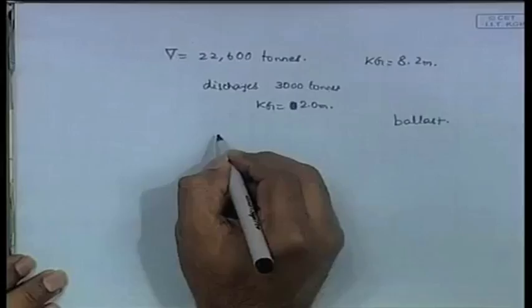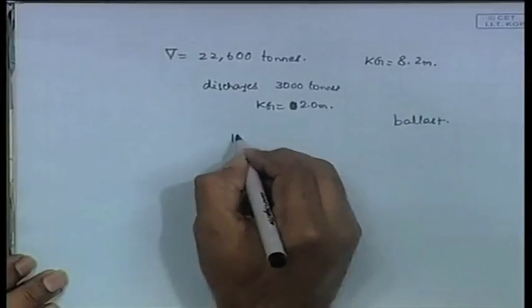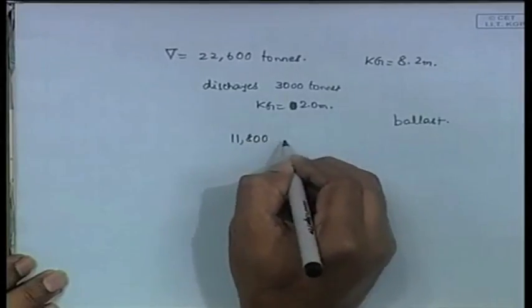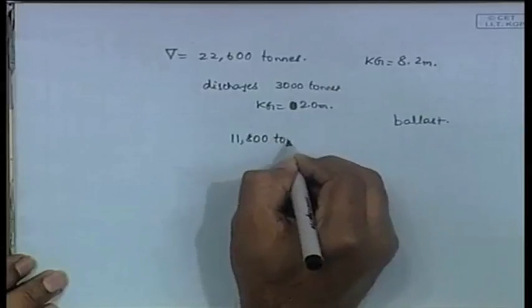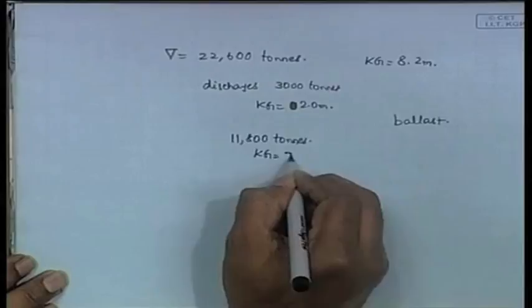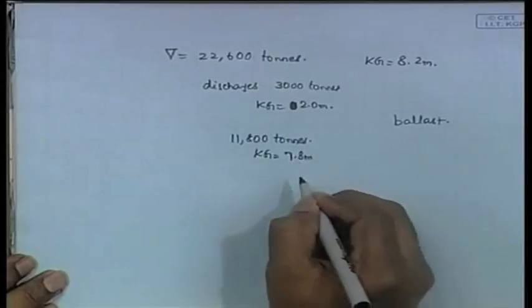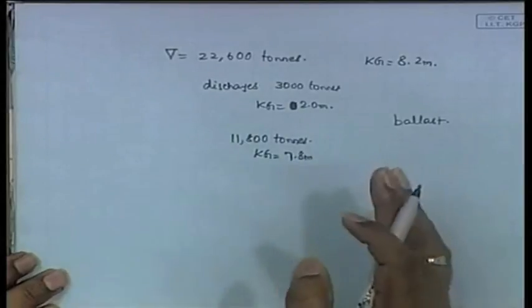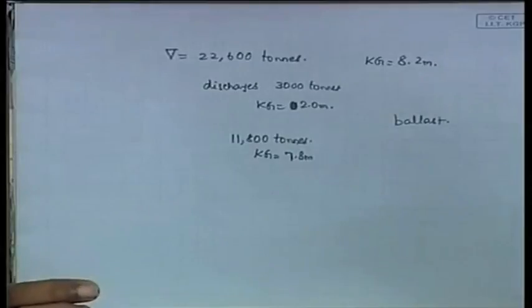Similarly, it says that the ship then loads 11,800 tons of cargo at a KG of 7.8 meter. Note that these are the different KGs of different weights: KG of the ship, KG of that ballast, KG of that cargo that is added.